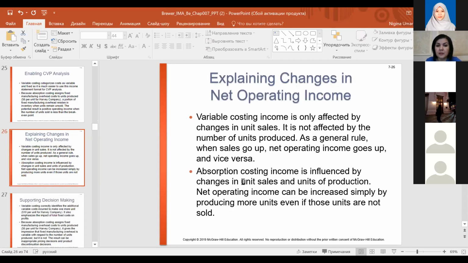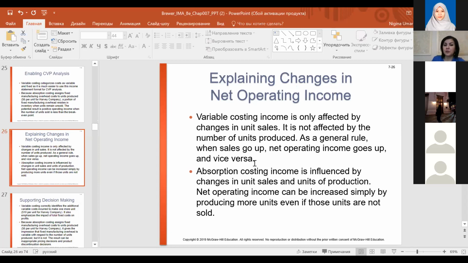Okay, and explaining change in net operating income. Actually, this explanation I've already told you. Variable costing income is only affected by change in unit sales. It is not affected by the number of units produced. As a general rule, when sales go up, net operating income goes up and vice versa.